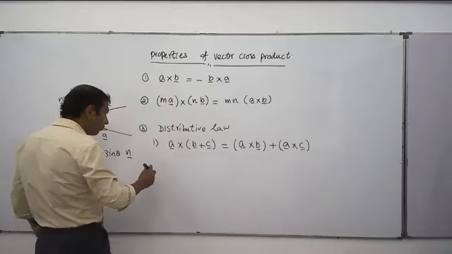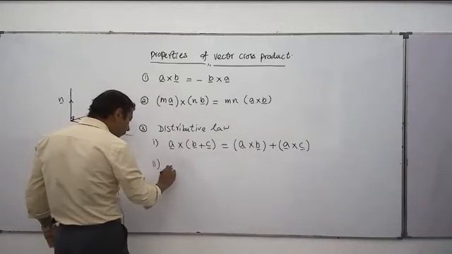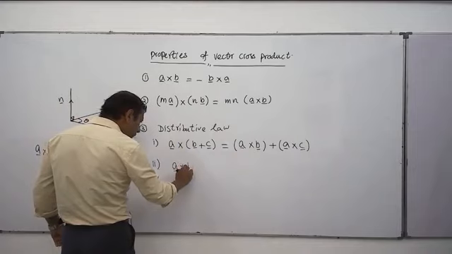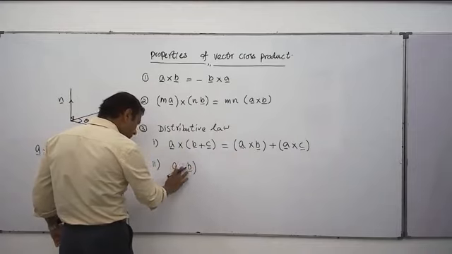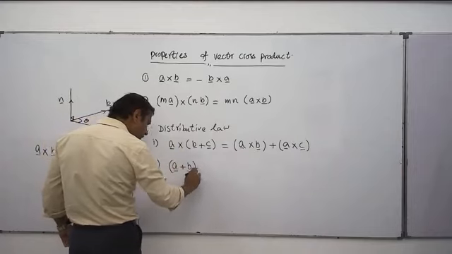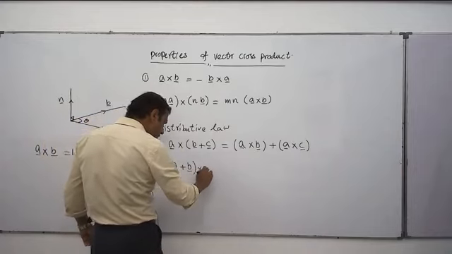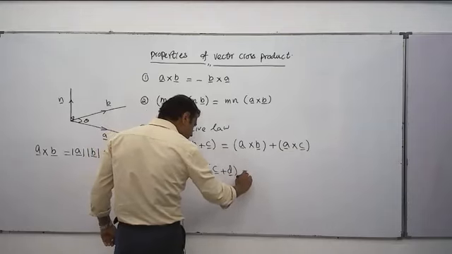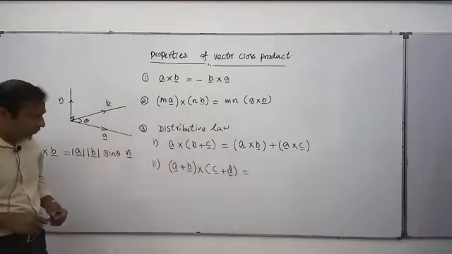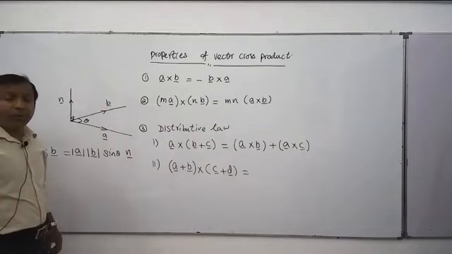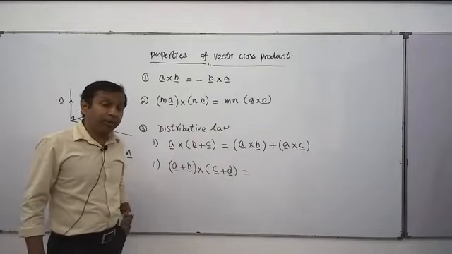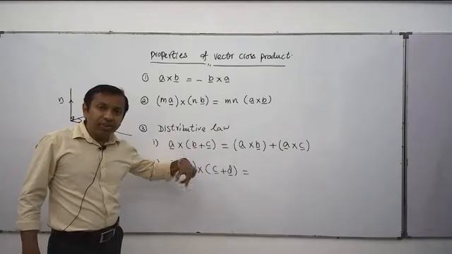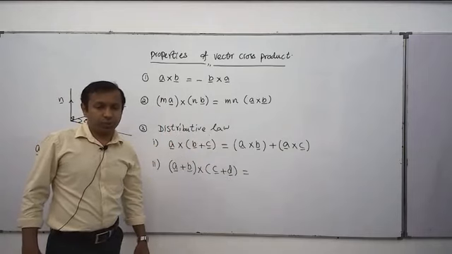The second form of the distributive law is (A plus B) cross (C plus D). How do we usually remove brackets when we have 2 brackets like this? In the same way. Understood?